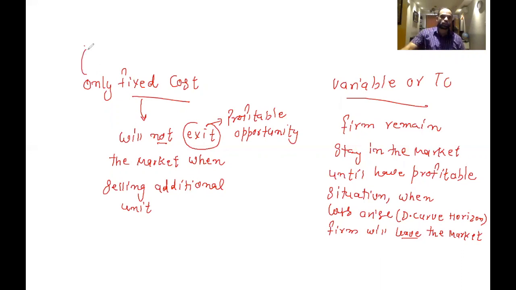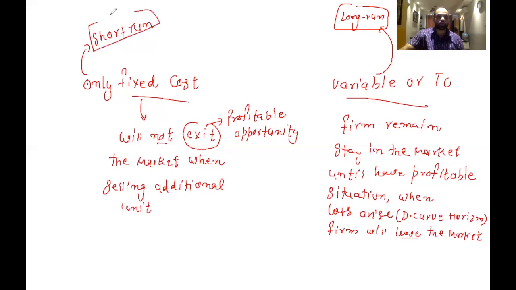So you can call it a short run and a long run. That's why it's a short run, because fixed cost remains stable in a short run. Fixed cost cannot always be stable. It may change when the time is increasing.